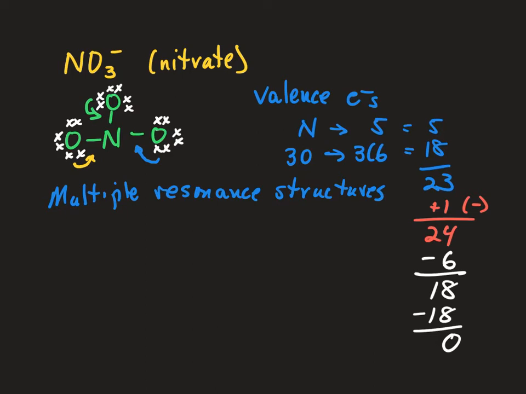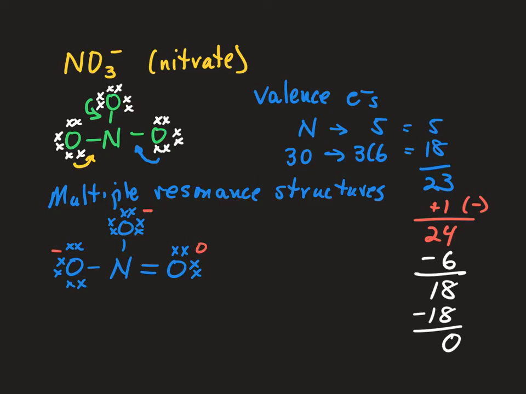So let's pick, since I drew with blue, let's go with the blue choice. So we end up with O, O, O. Now if we do our formal charge analysis, the formal charge on each oxygen here is negative, and this one is 0.